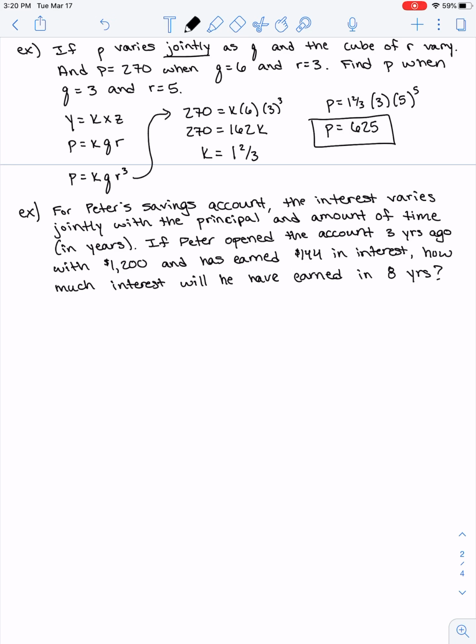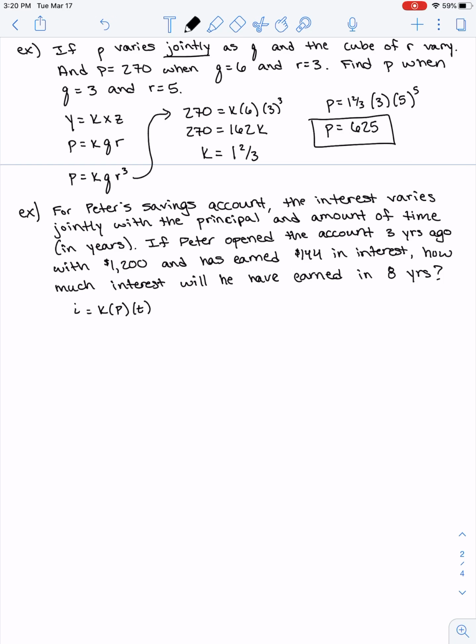So we get that maybe the dollars that he has is equal to K times the principal amount times the amount of time. Let's actually set this as I for interest. So interest is equal to K times the principal amount times time.